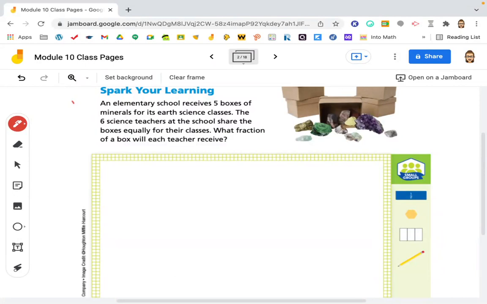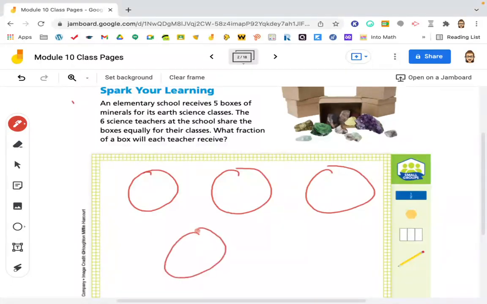So we're going to start with a box, where I'm going to draw circles here. I'm going to split it into 6.